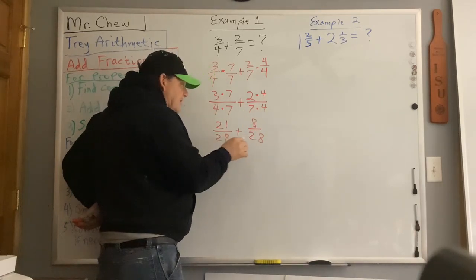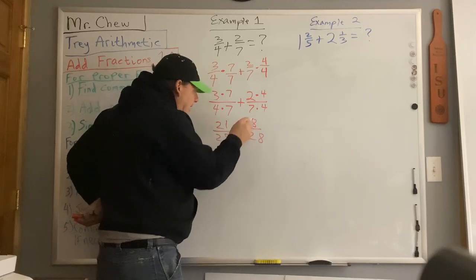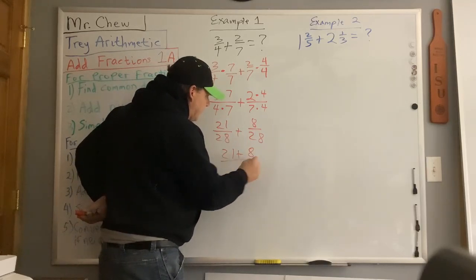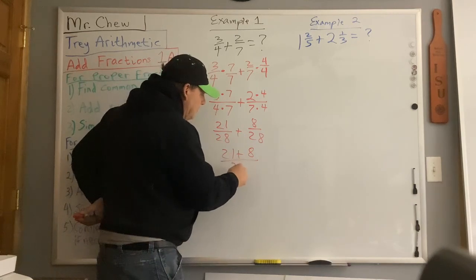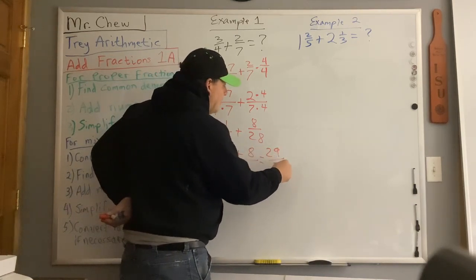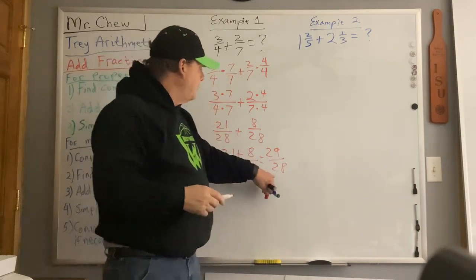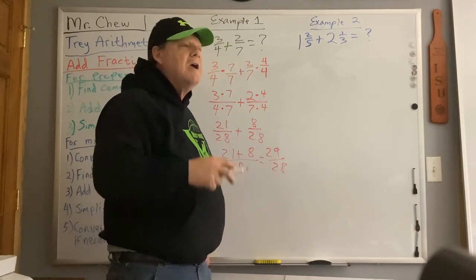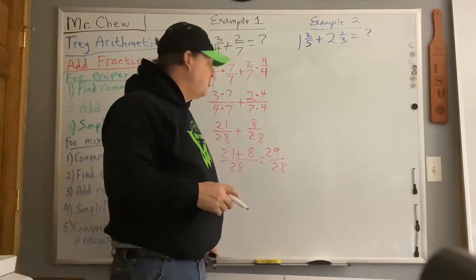And now that I have the same denominator, I can put the numerators with the operation of addition. So it ends up being 29 over 28. Now this has a special name. Since the numerator is bigger than the denominator, it is called an improper fraction.